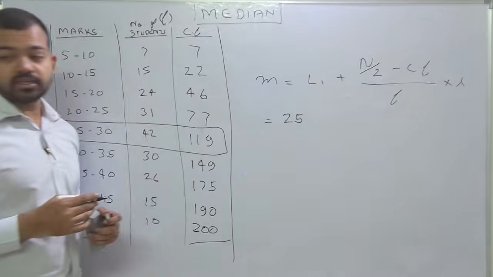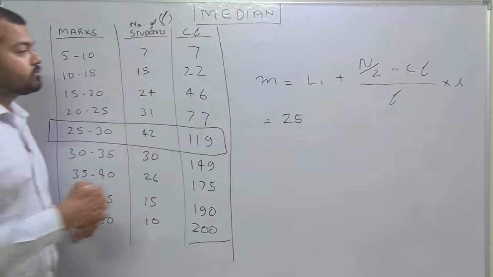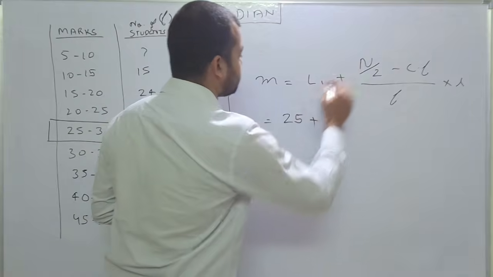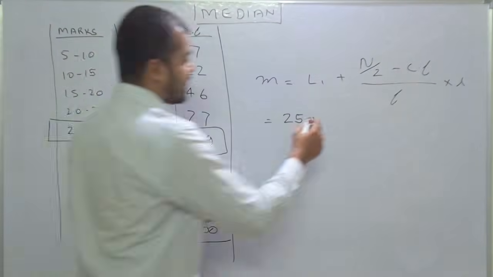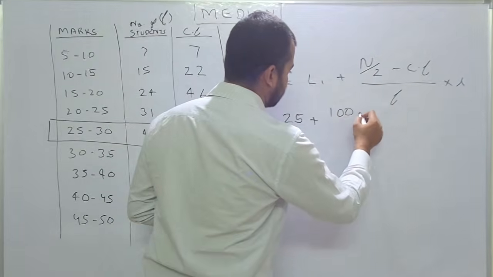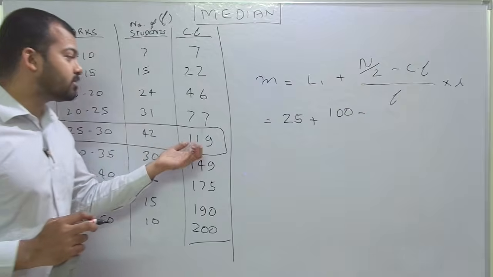So you have to take that 25. After that you have to place the value of n by 2, which we calculated as 100. Now you have to take CF. We take the CF of the preceding class.